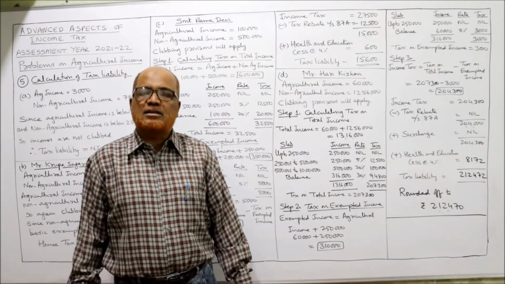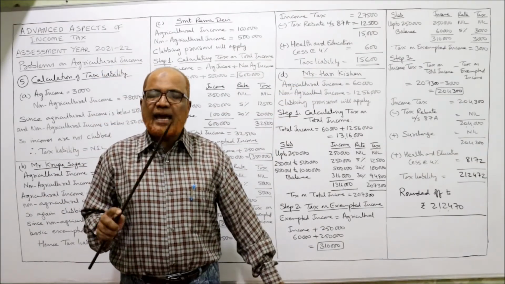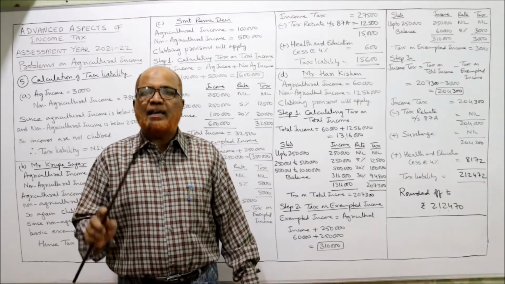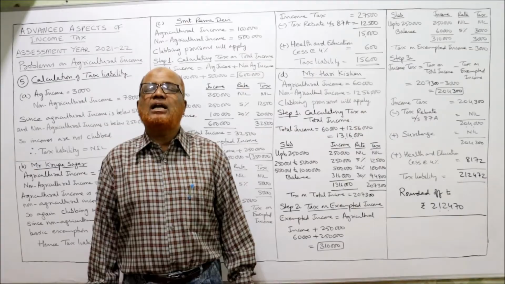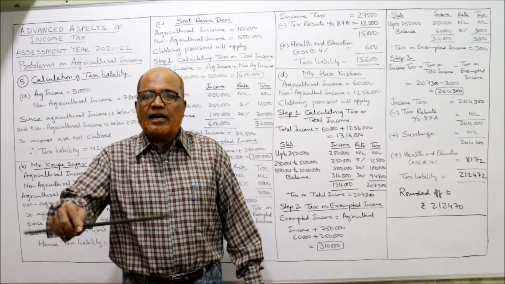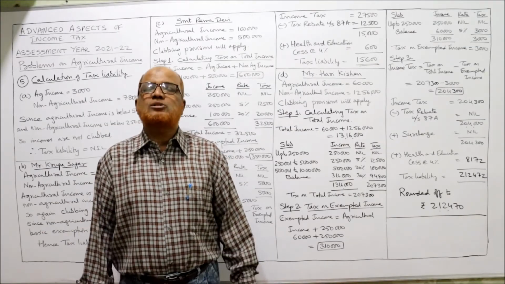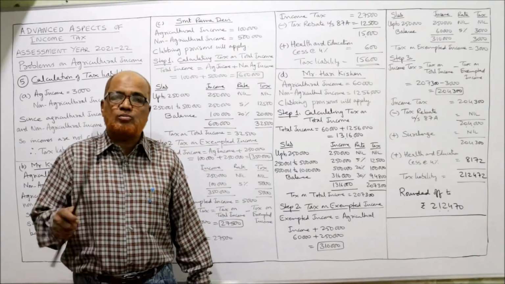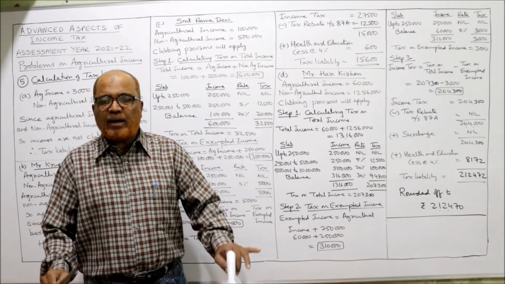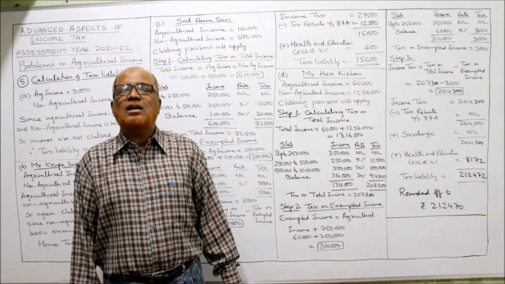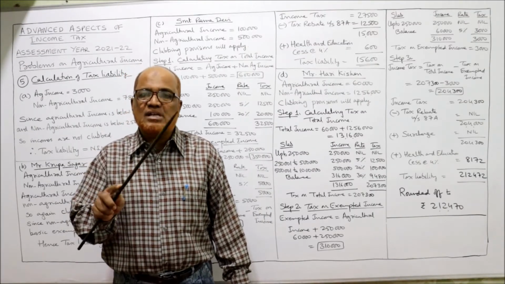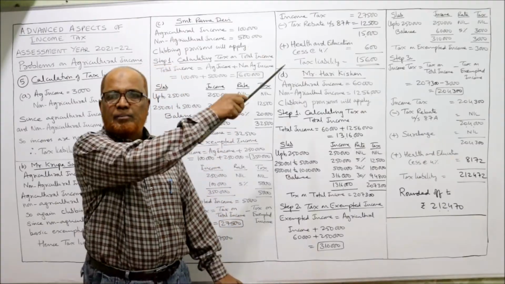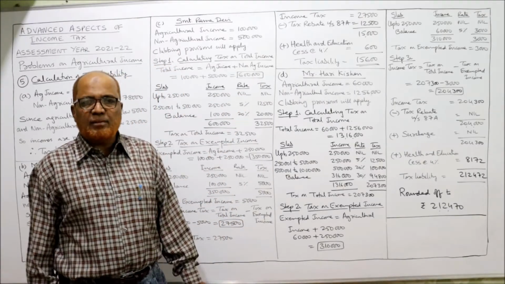If the non-agricultural income is up to 5 lakh rupees, tax rebate will be allowed under section 87A. In the next video, I am going to explain the tax rates more. Right now remember, if the non-agricultural income is up to 5 lakh rupees, tax rebate will be given.